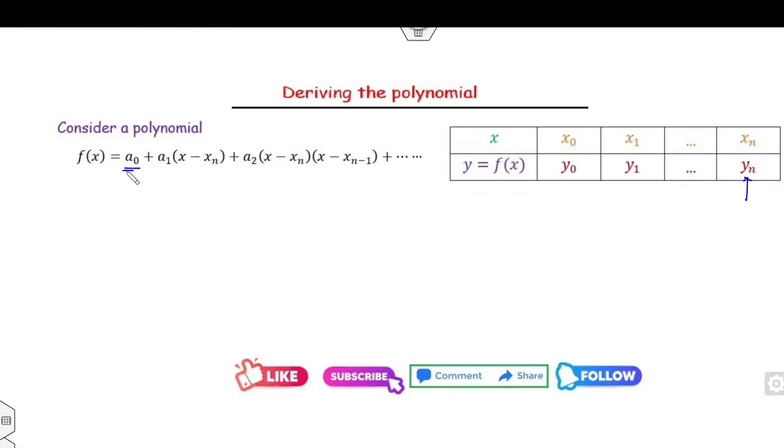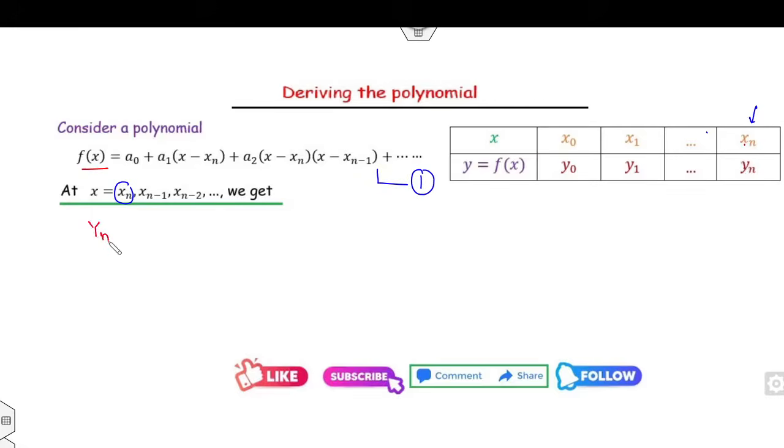That means a0 is the constant, a1 (x minus xn), a2 (x minus xn)(x minus xn minus 1) and so on. Now we can compute these polynomial values at the points xn, xn minus 1 and so on. What will happen at the point xn? If you substitute the value of xn in equation number 1, what is the value of f(x)?